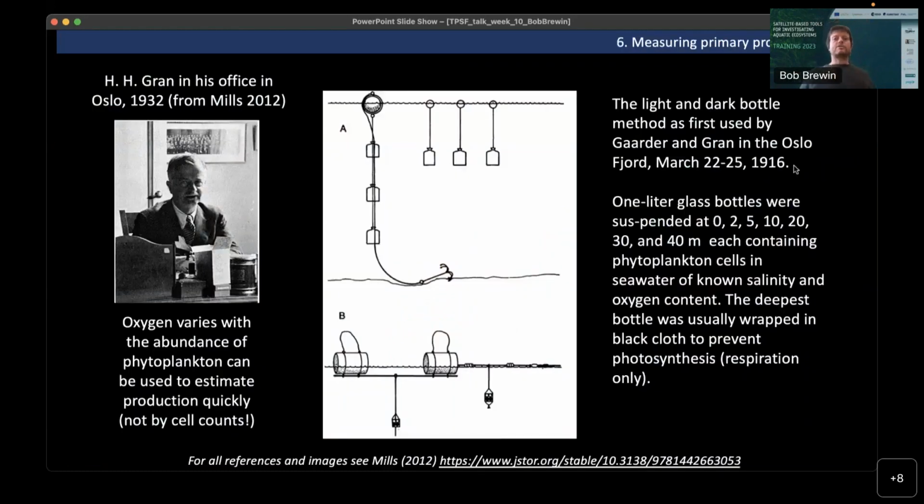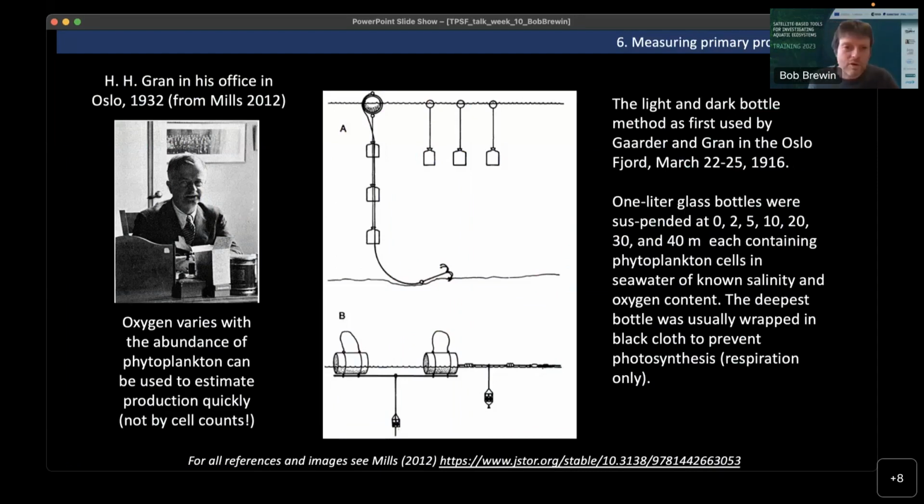Okay, so on to measuring primary production at sea. Well, one of the first ways people did this, at least from reading a little bit of literature, particularly from this very nice book by Mills in 2012. If you're interested in learning a bit more about the history of biological oceanography, I strongly suggest you read this book here by Eric Mills.